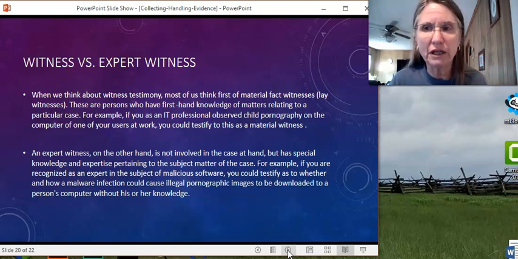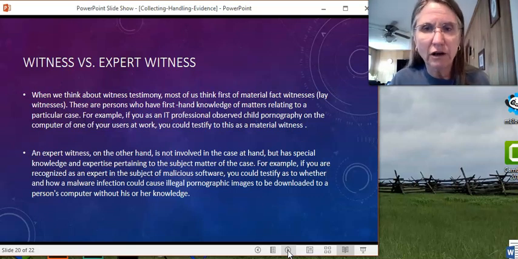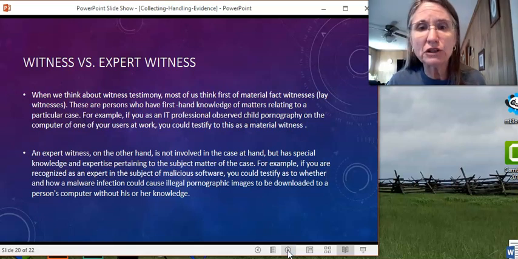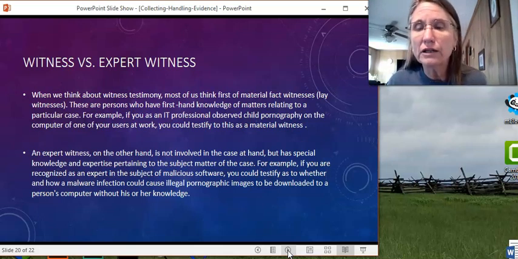They heard a particular sound. They smelled something in the air in case of a fire that was part of the crime. As an example, within the realm of information technology, perhaps an IT professional observed child pornography on the computer screen of someone in the next corridor, and then would be able to testify to this as a material witness.